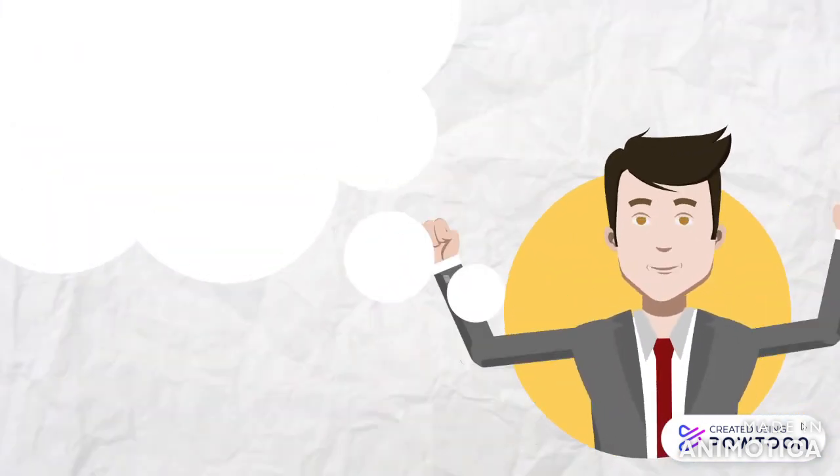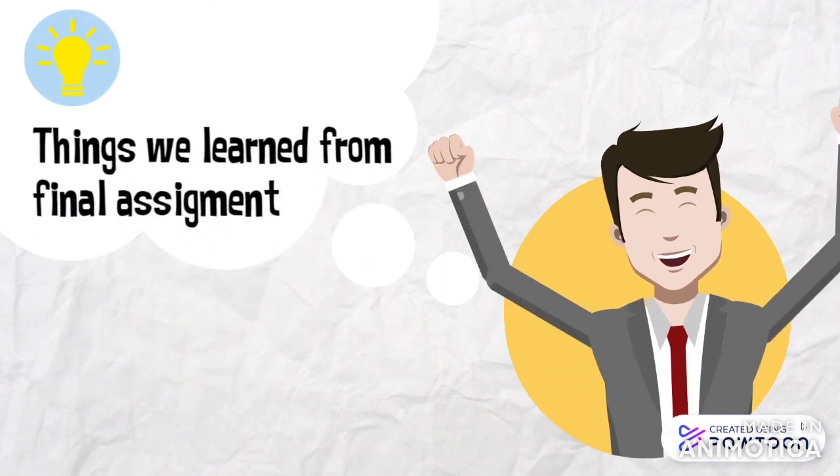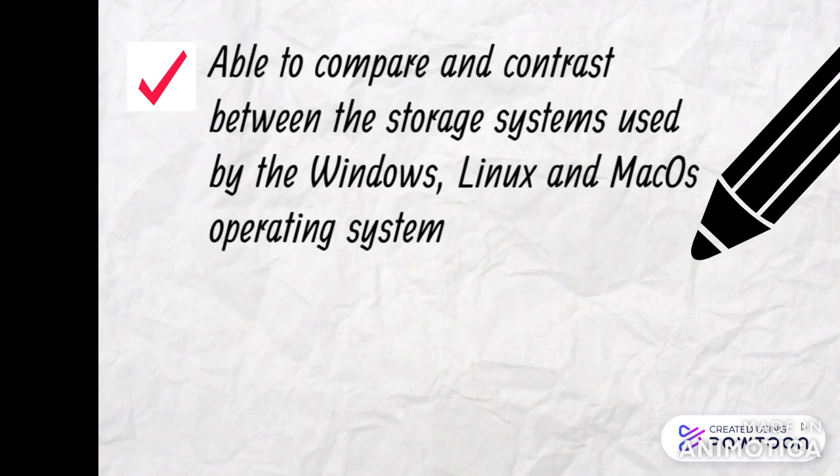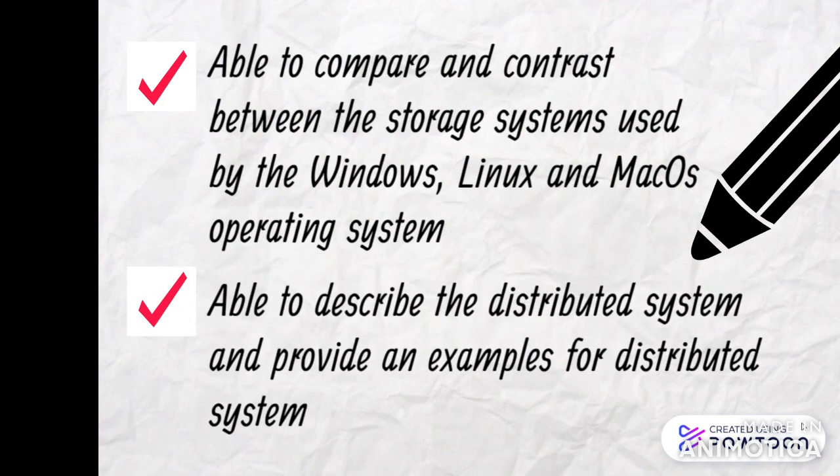Next, there are a few things we have learned from this final assignment. Firstly, after completing the assignment, we are able to compare and contrast the storage systems used by the Windows, Linux, and macOS operating systems. Besides that, we are also able to describe the distributed system and provide an example of a distributed system.